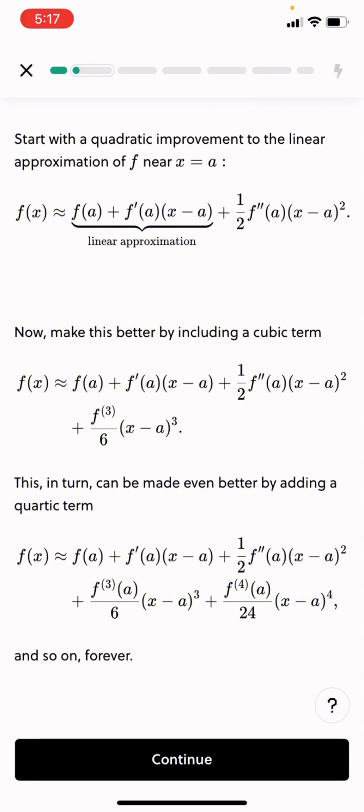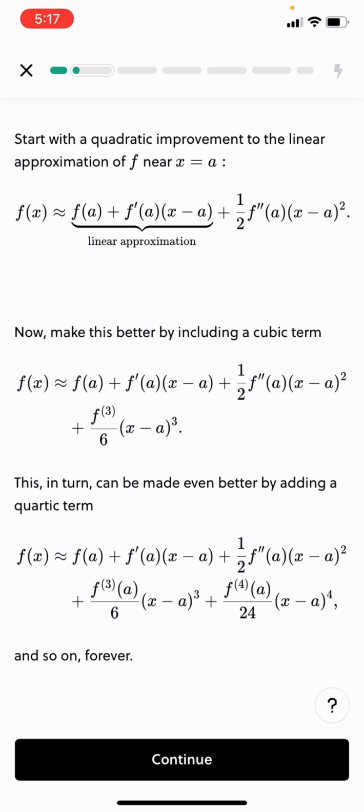Now, making this better by including a cubic term. So it makes it more equal, where it probably would result in a better answer and closer. We add f triple prime(a) over 6 times (x minus a) to the third power. This, in turn, can be made even better by adding a quartic term.